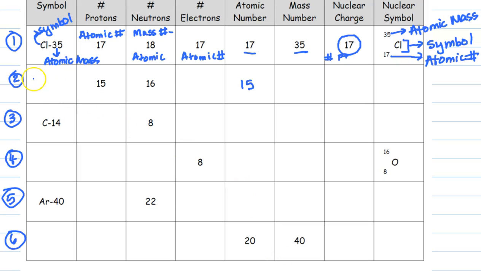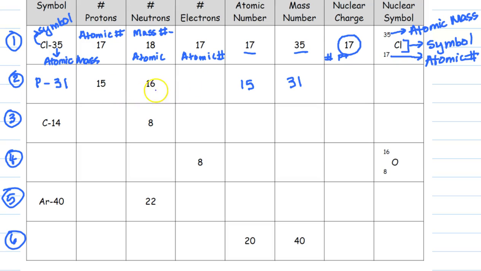So the symbol for phosphorus is P, and I know that I have 15 protons and 16 neutrons. So 15 plus 16 is 31. And so that's going to give me a mass number of 31. So my symbol would be P-31.